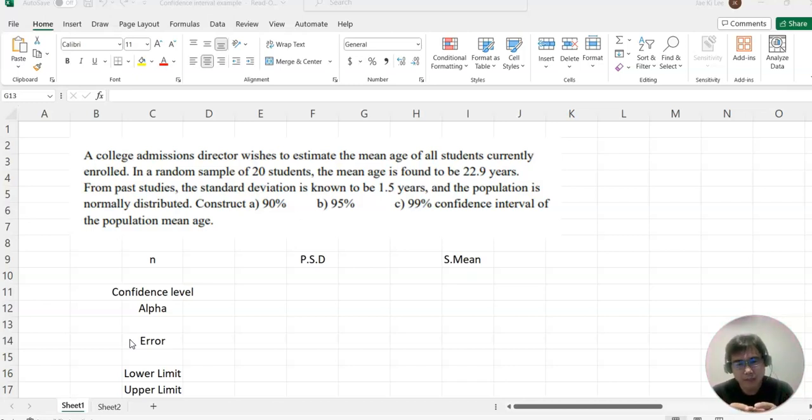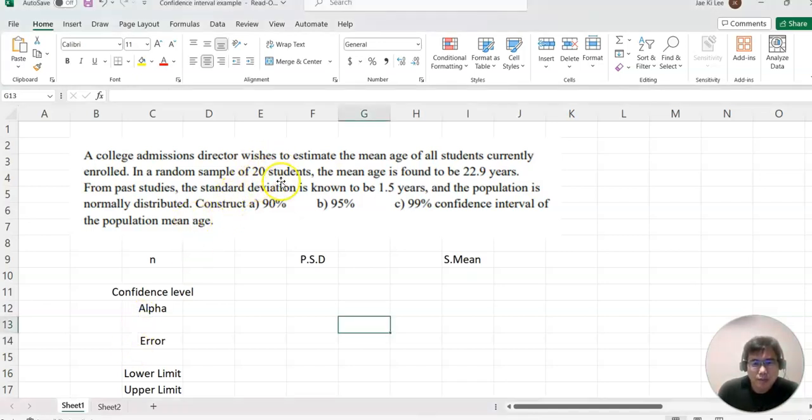From a past study, the standard deviation is known to be 1.5 years, and the population is normally distributed. So even though our sample size is smaller than 30, because we know the population standard deviation sigma, which is 1.5, we are using Z distribution.